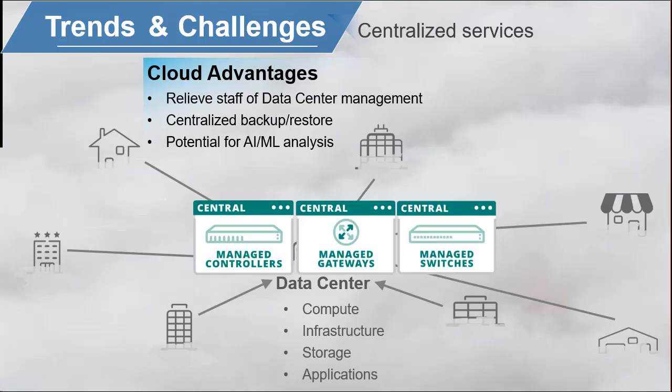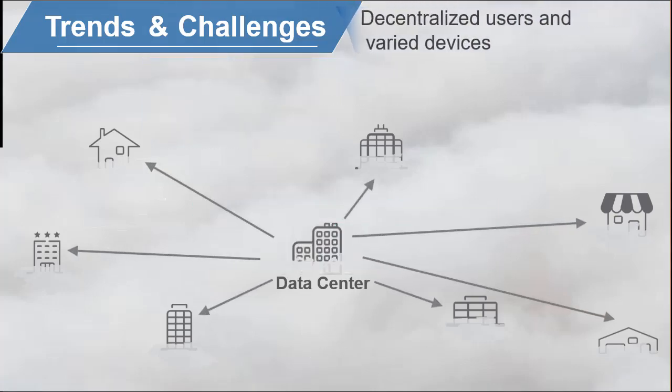Now, all of this centralization becomes ever more vital and challenging as our user base becomes more decentralized and devices become more varied. How do you extend the campus experience out to these disparate users at home or even in their local cafe? These users must have the same experience, the same secure connectivity and manageability.